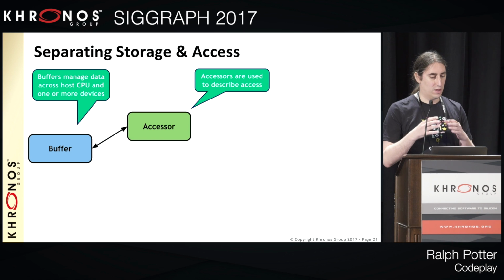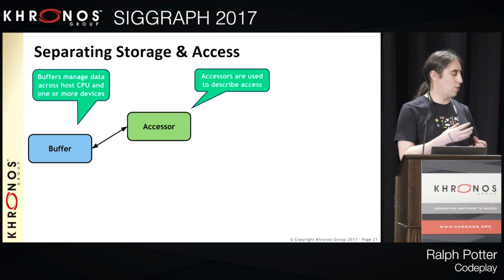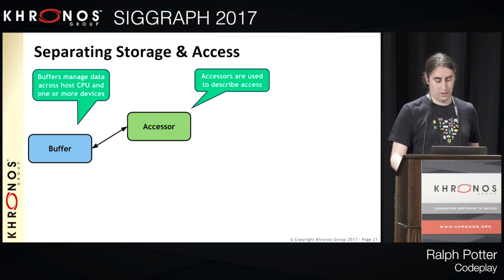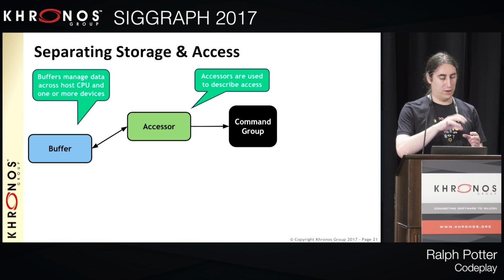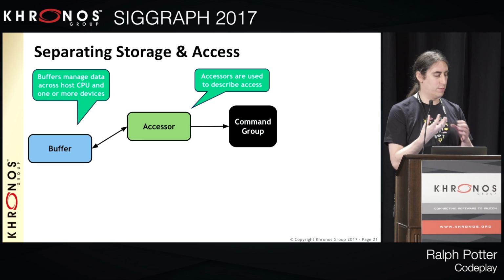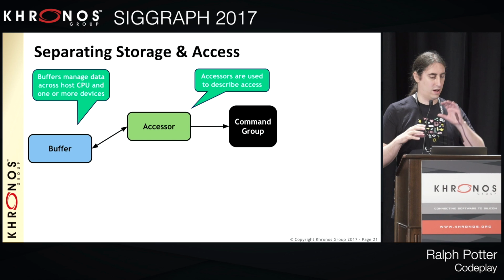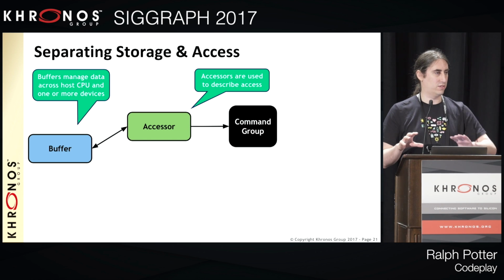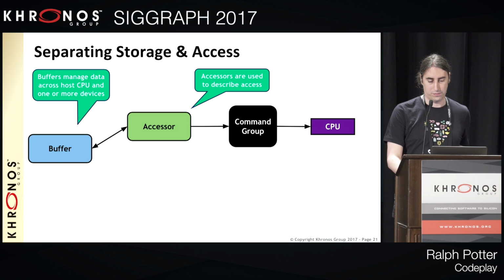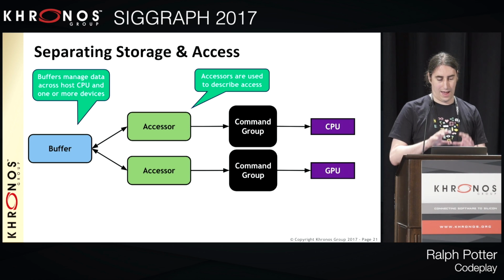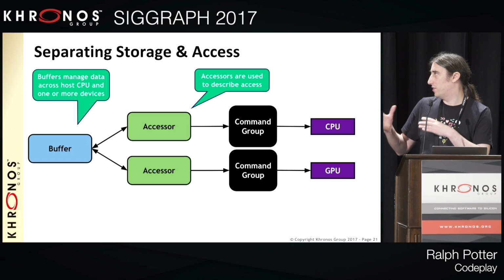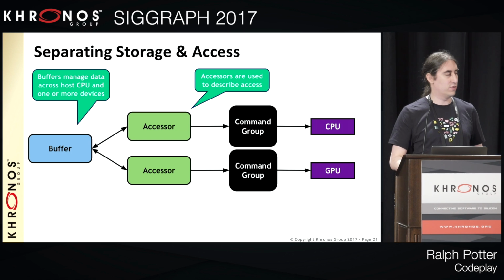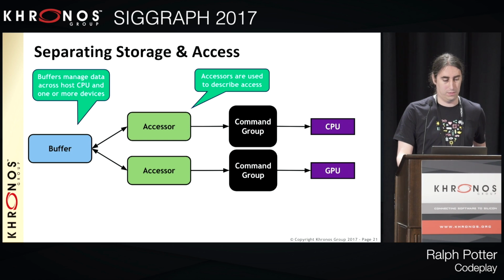And it does that by using these accessors to describe the access that you're going to require to the data in a specific kernel. And those accessors are referenced in a command group. A command group is like an atomic thing that says, for a particular kernel, I have this set of access requirements, so before you run the kernel, you must satisfy those requirements. And that might be scheduled on a CPU or a GPU, depending on what queue you dispatch this command group to.